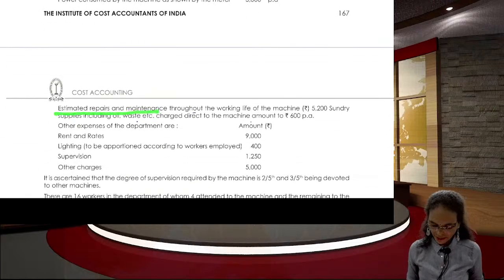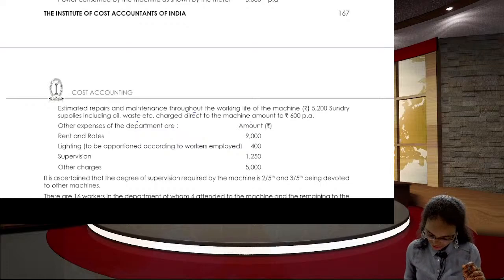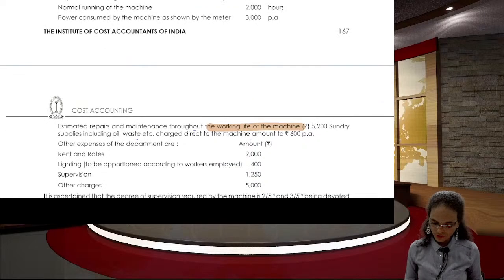Estimated repairs and maintenance throughout the working life of the machine is 5,200 rupees, and the machine runs for 13 years throughout its life.